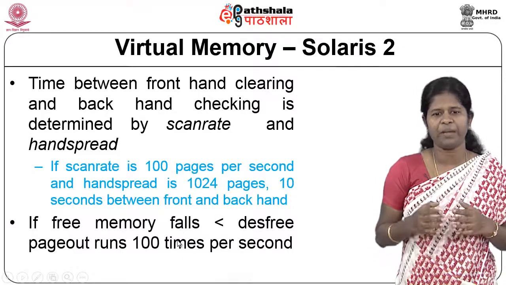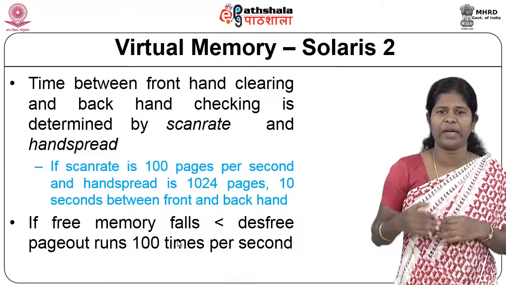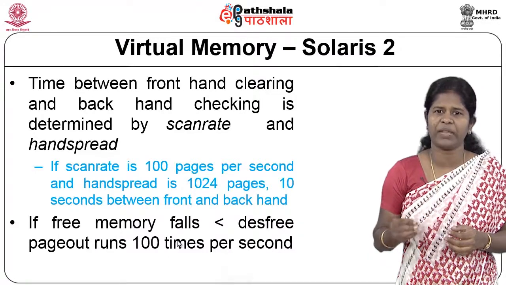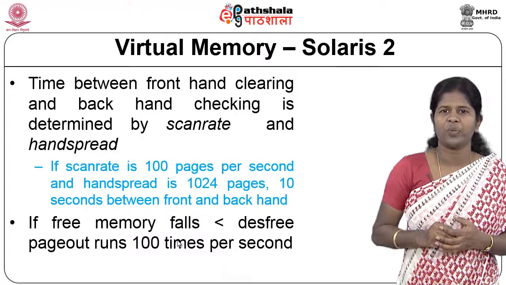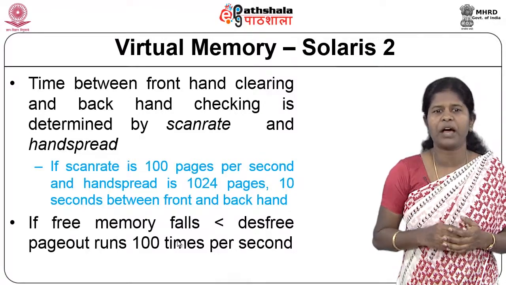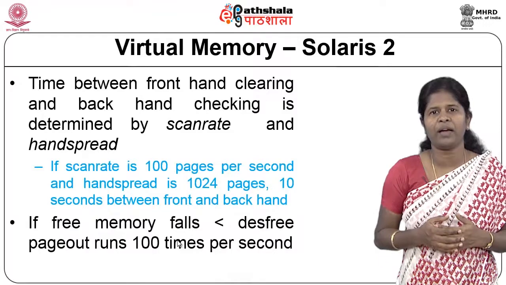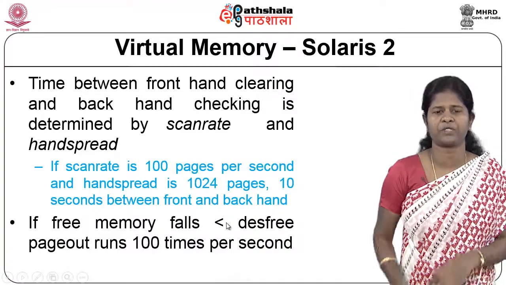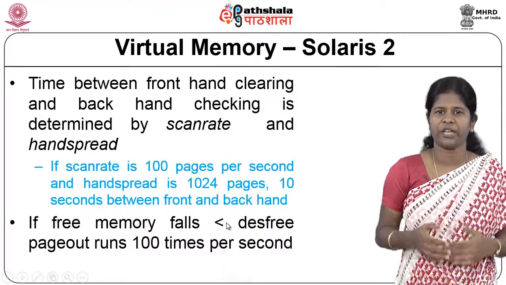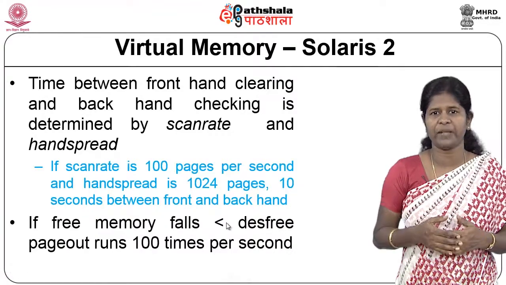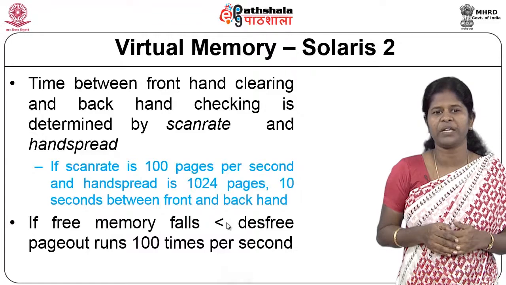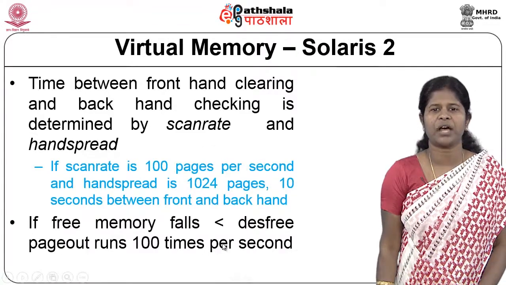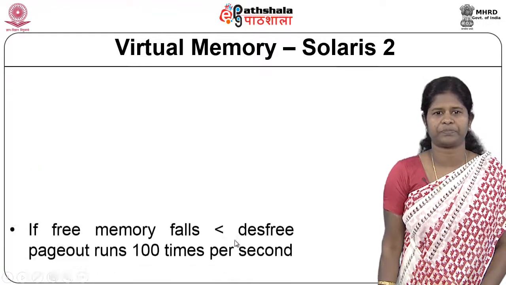Now, if the free memory falls below another parameter called desfree, which is a value even less than lotsfree, then when it was less than lotsfree, pageout ran at a rate less than 100 times per second. But now, when the free memory falls below desfree, the pageout happens at a much faster rate, 100 times per second.